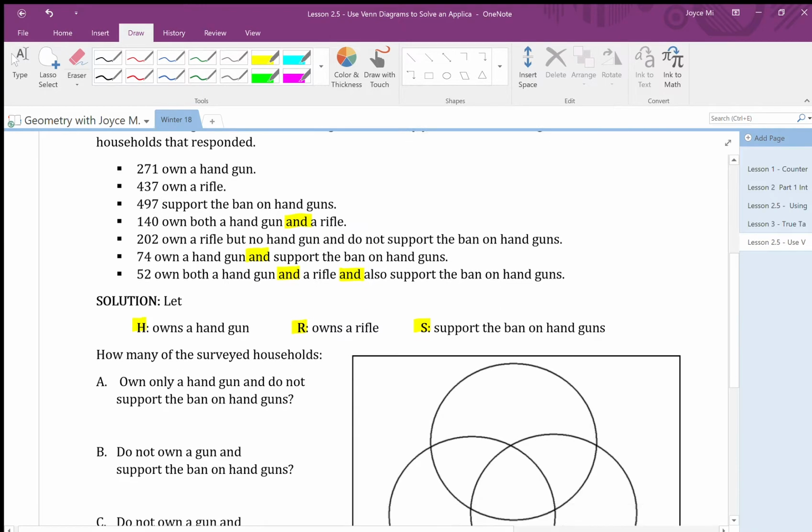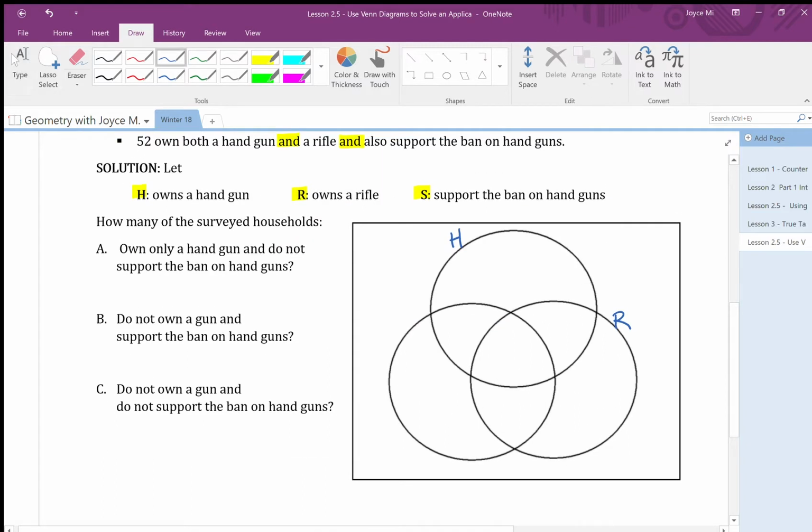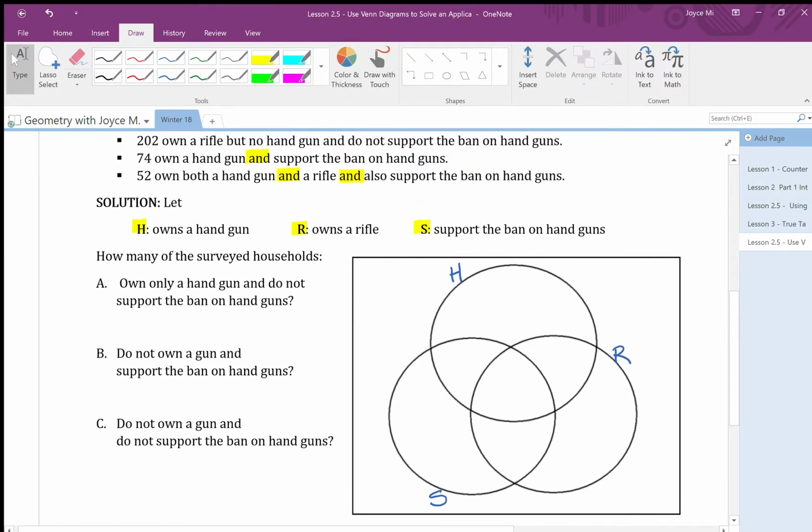So this is H, this one is my R, and this one is my S. Now I'm going to use these three letters to denote what is given to me.